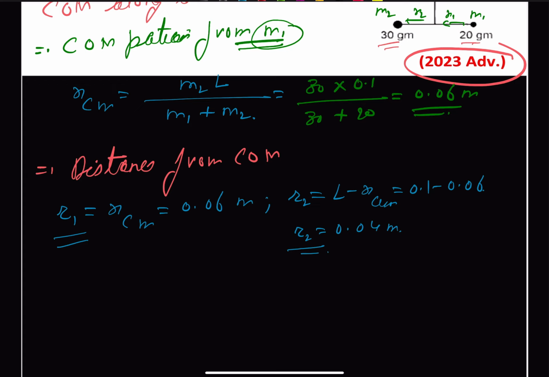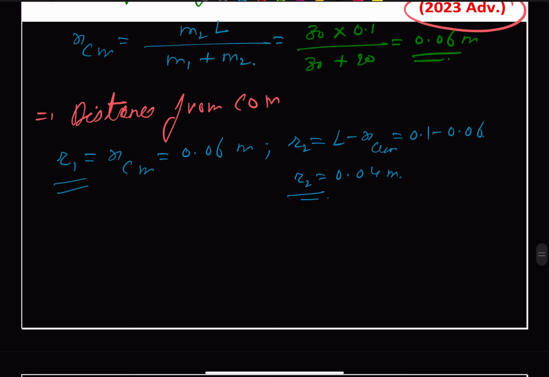Now moment of inertia about center of mass. Moment of inertia about center of mass, that is our I, will be equal to m1 r1 square plus m2 r2 square.